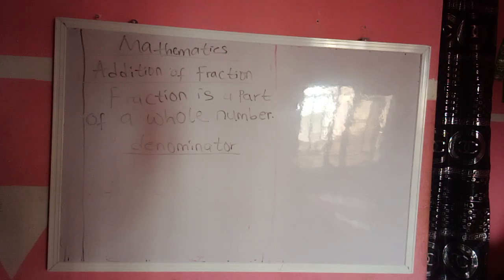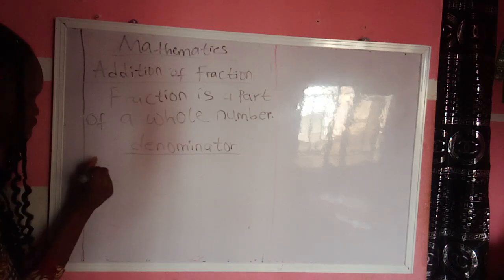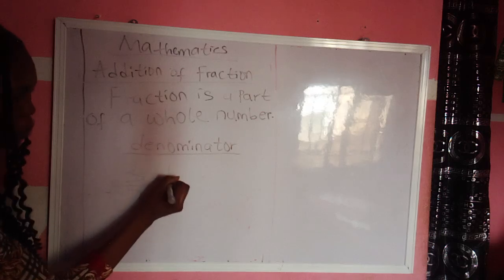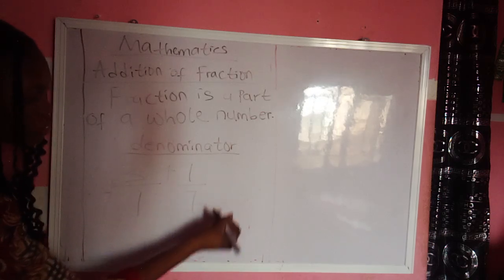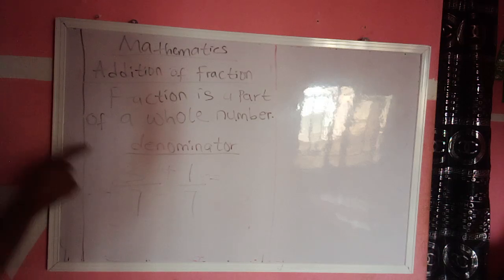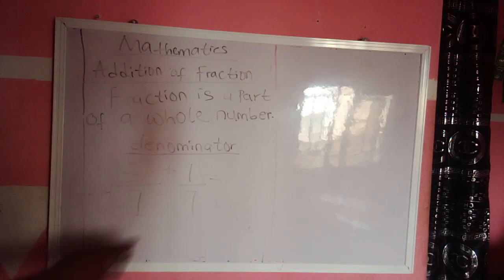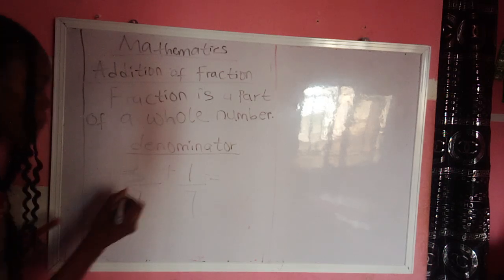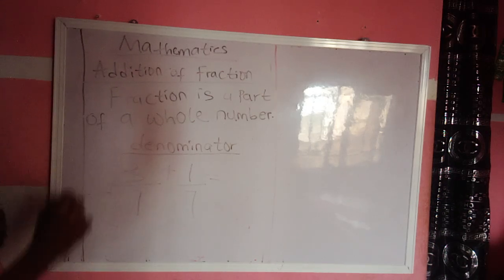Let's try another example. We have 3 over 7 plus 1 over 7 is equal to what? Your auntie might ask you, hey, 3 over 7 plus 1 over 7 is equal to what? What will you tell your auntie? First of all, you bring out your paper and write 3 over 7 plus 1 over 7.